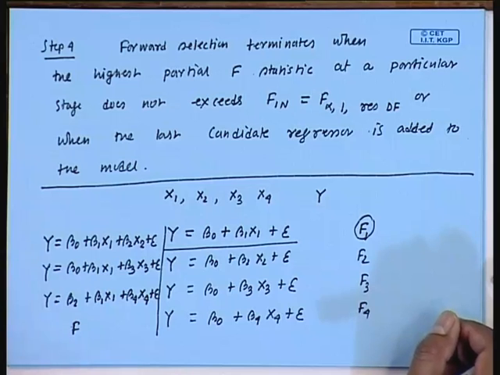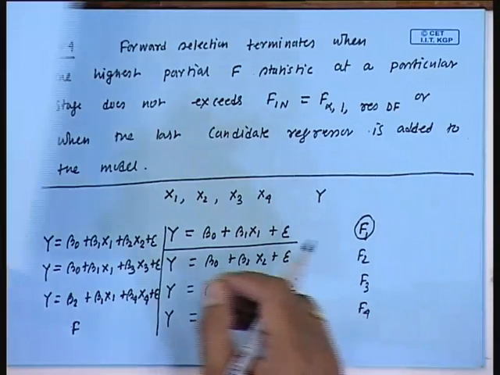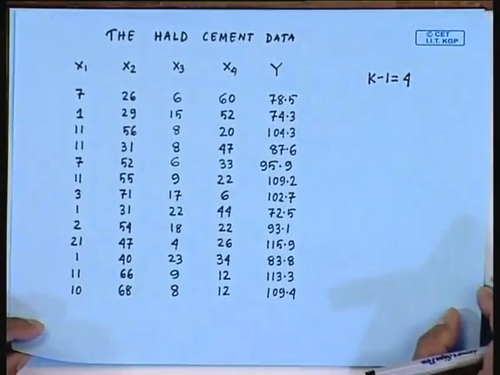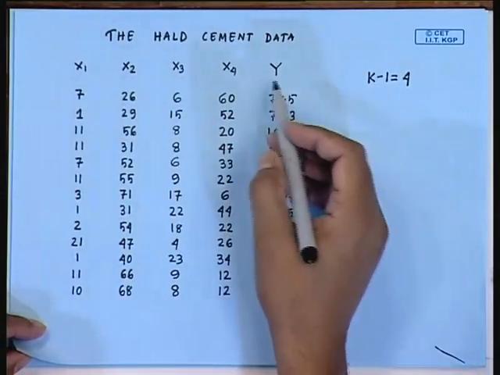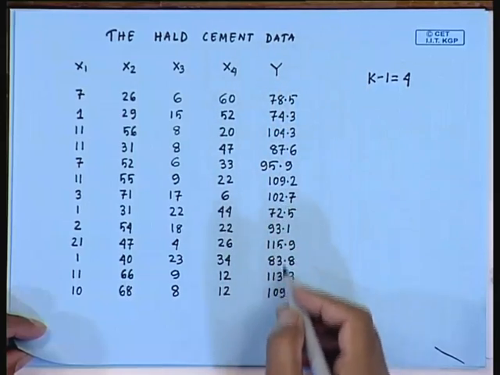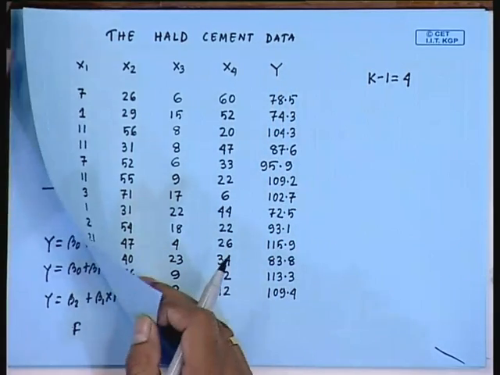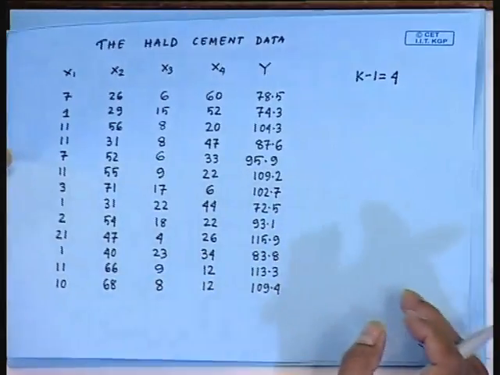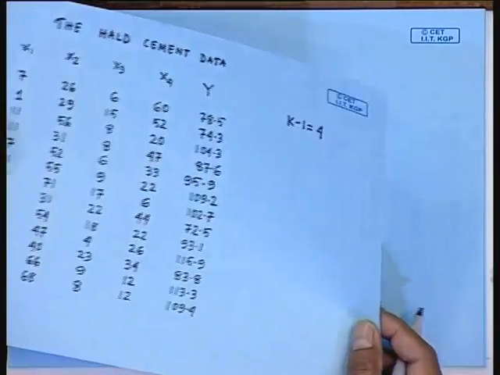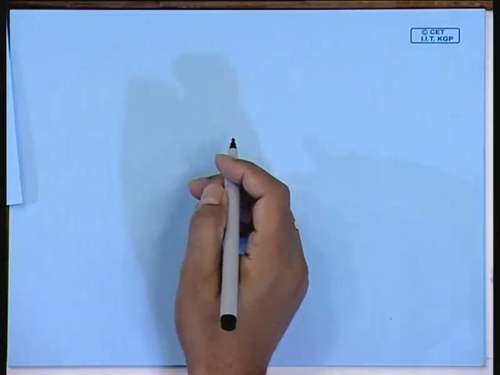Now, I will be considering the Hald cement data again. It has 4 regressors and one response variable Y. Now I will illustrate the forward selection technique using the Hald cement data.